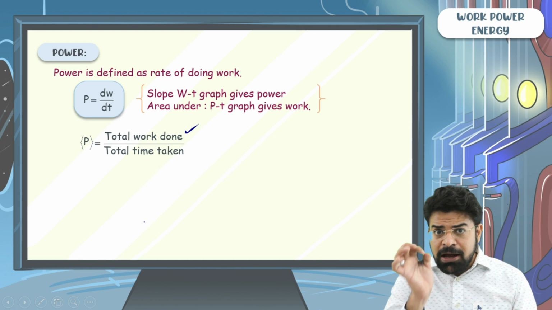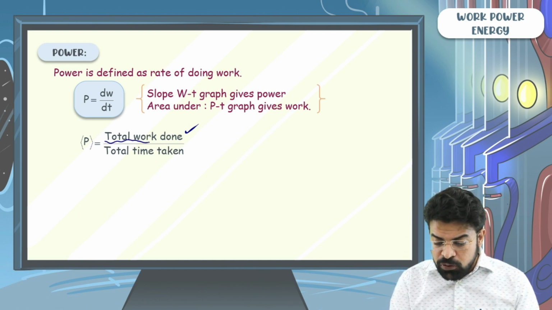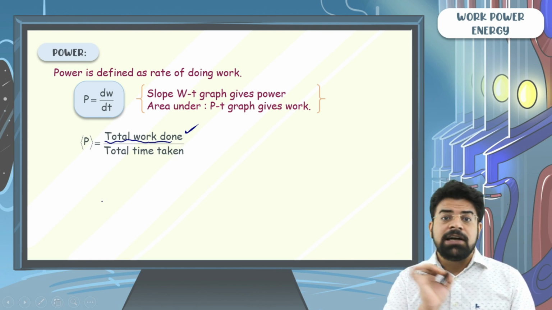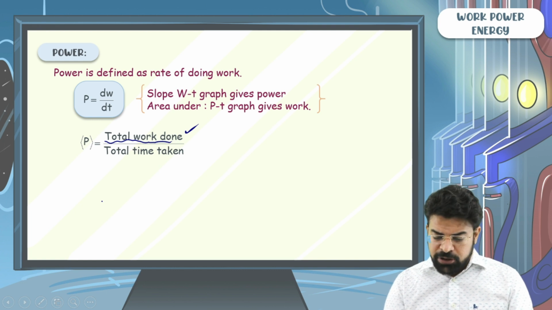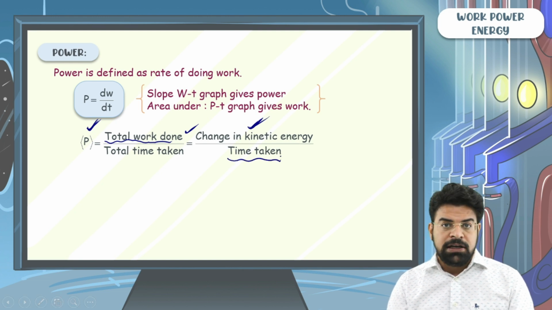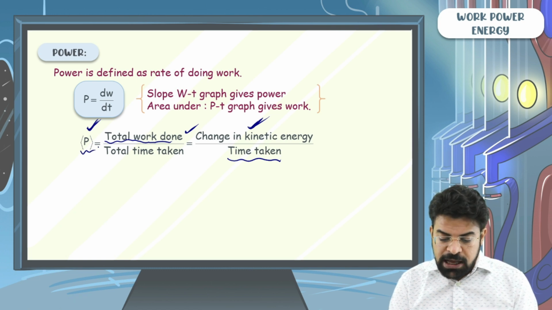The work done by all the forces equals the change in kinetic energy. So in place of total work done, we can even write the change in kinetic energy upon time taken. This is the average power delivered.